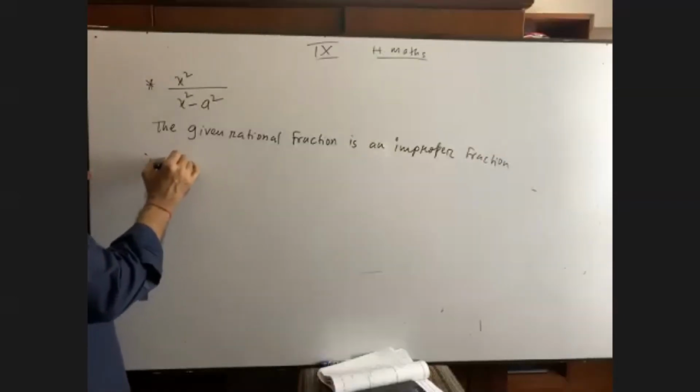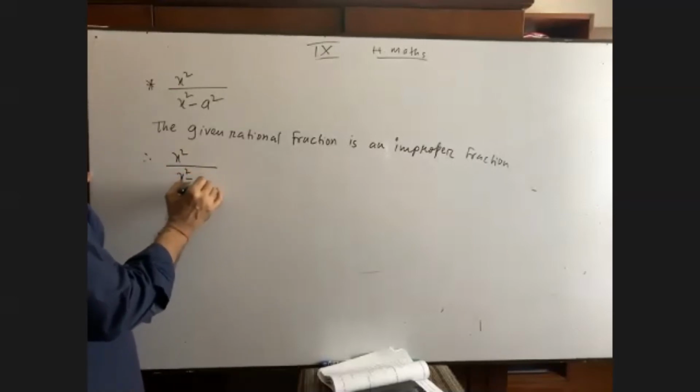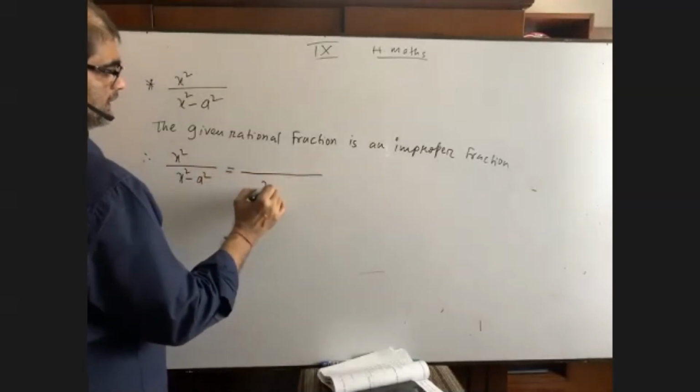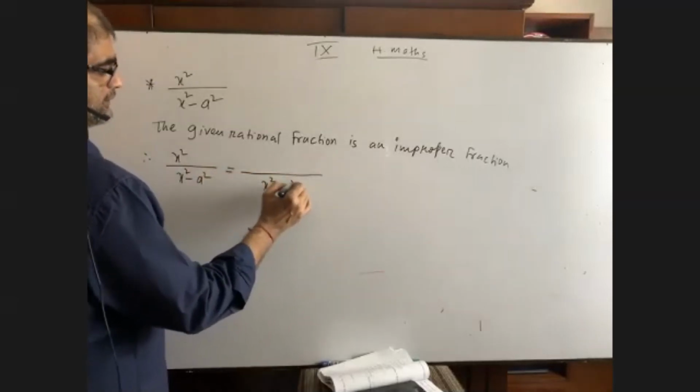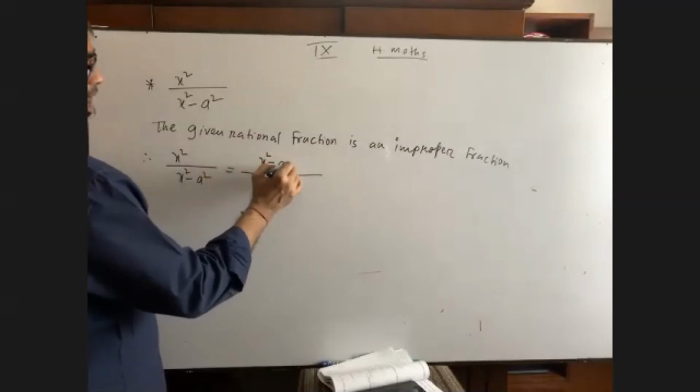Therefore, we get x square by x square minus a square equals to what? What I told you: the same thing will be kept as it is.